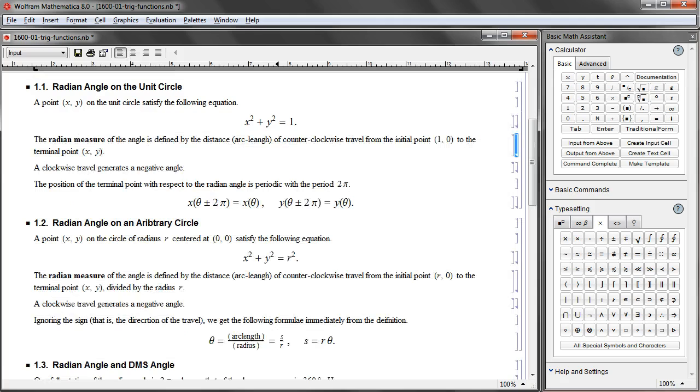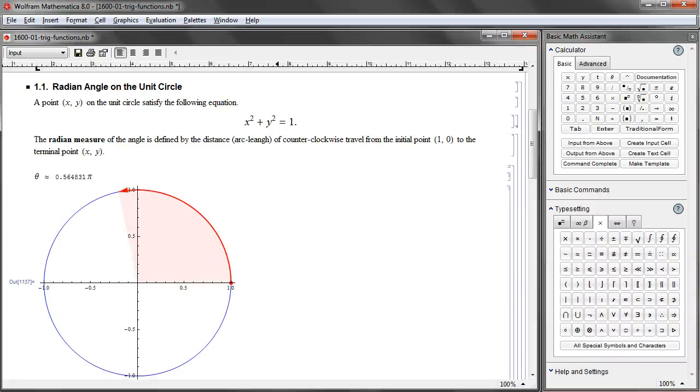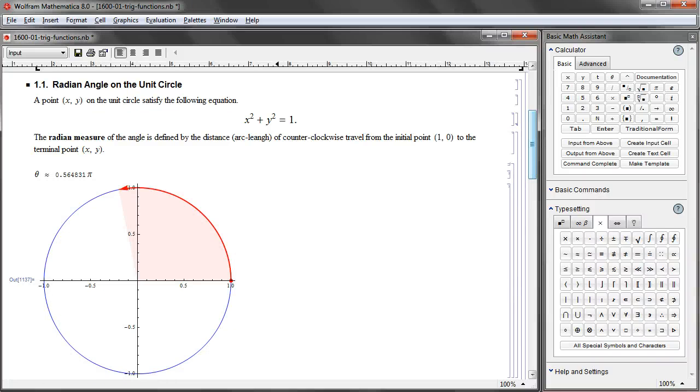Alright, now that we talked about the unit circle, x squared plus y squared is equal to 1, let's define the angle using the radian measure. And here it is. We define the angle or the radian measure of the angle as the distance of the counterclockwise travel from the initial point 1, 0 to the terminal point x, y.